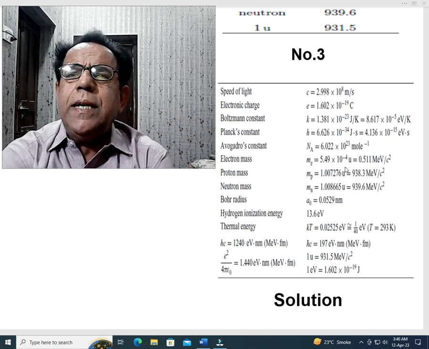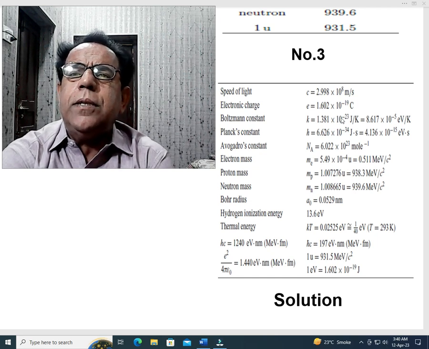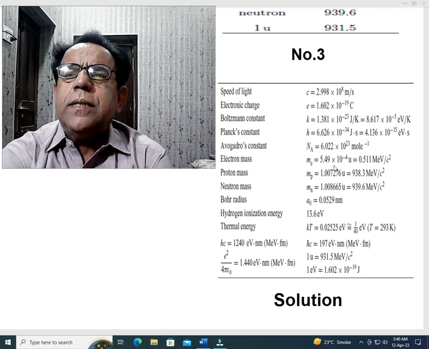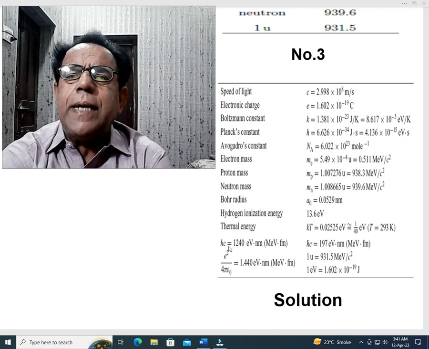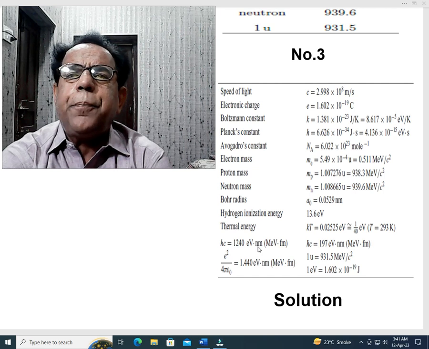Hc equal to 1240 electron volt into nanometer.